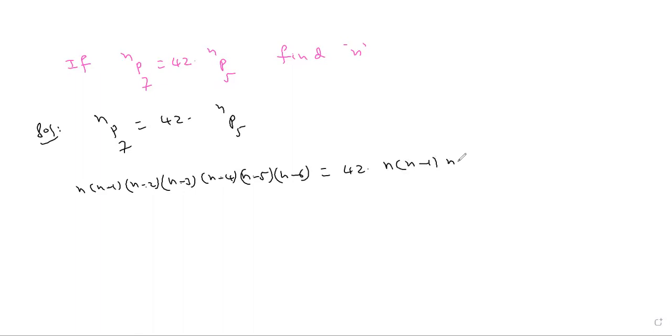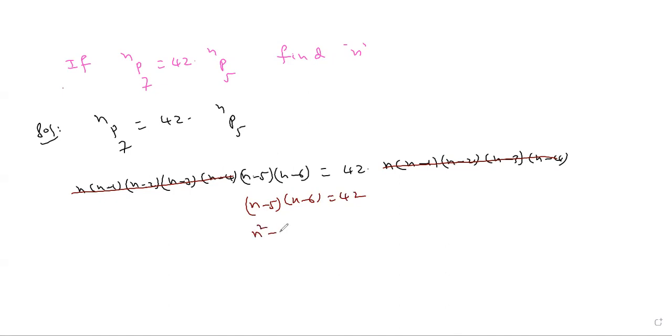n minus 1, next n minus 2, next n minus 3, next n minus 4. Now next step, cancel similar terms on both sides. Here you get (n minus 5)(n minus 6) equals 42.